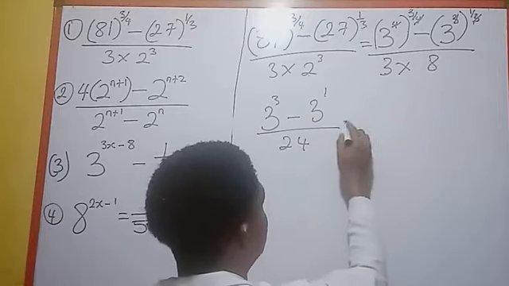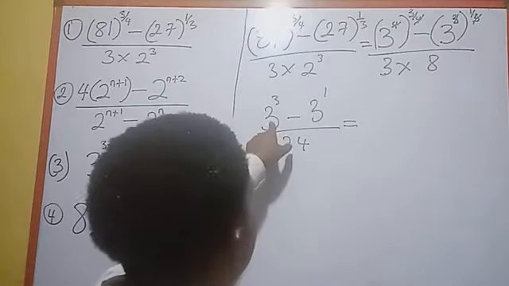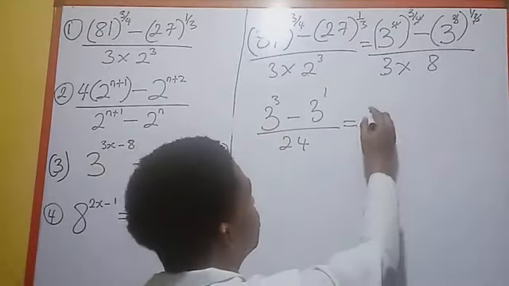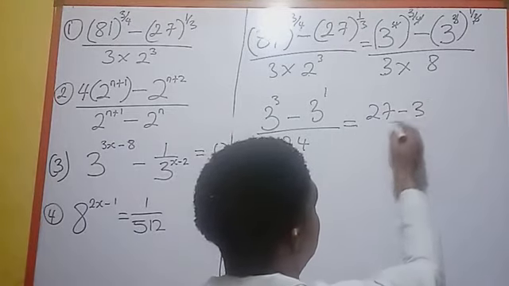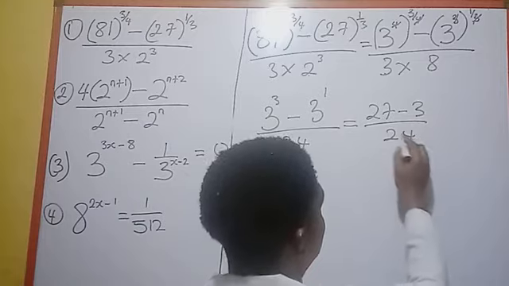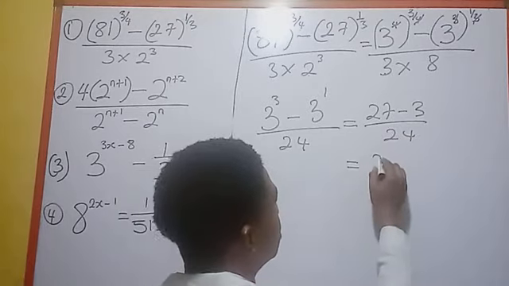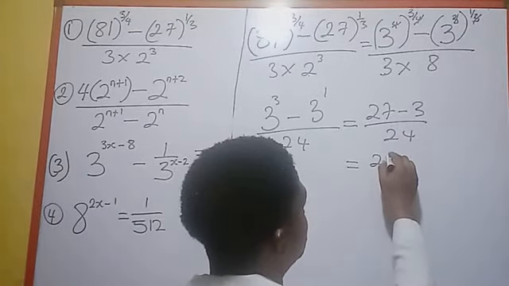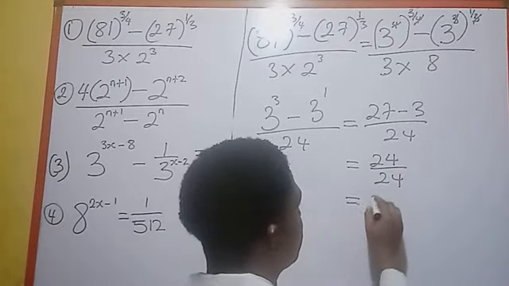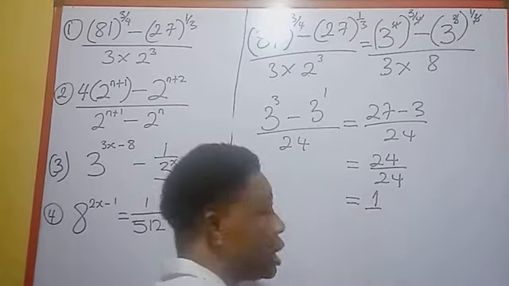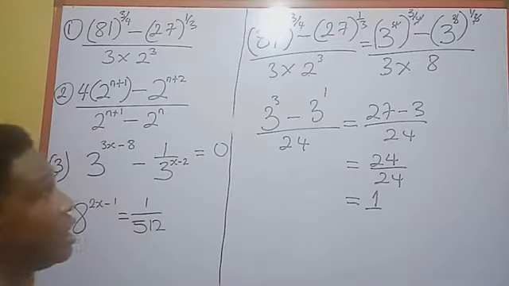So it has to be 24. Now 3 raised to the power of 3 is 27, minus 3 raised to the power of 1 is 3. So put it there over 24. So 27 minus 3 will give you 24 over 24. And 24 over 24 is what? 1. So our answer is 1.